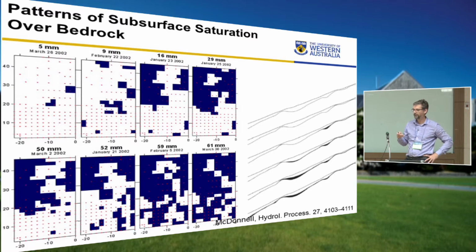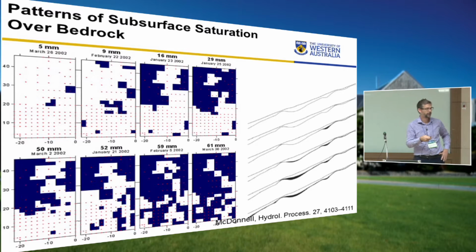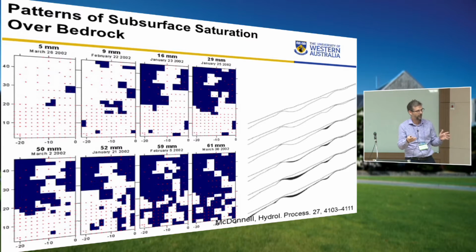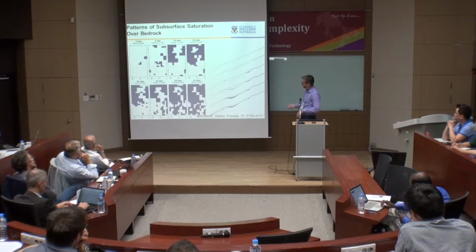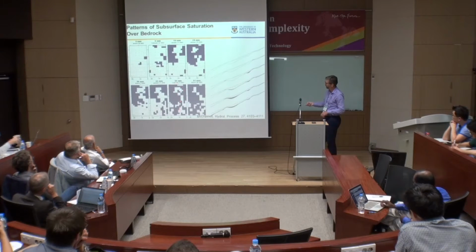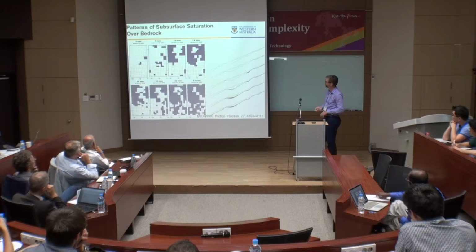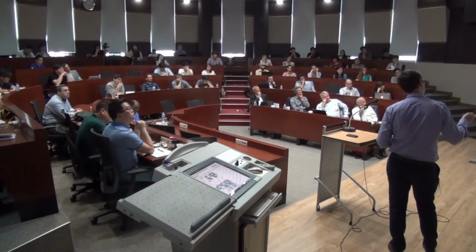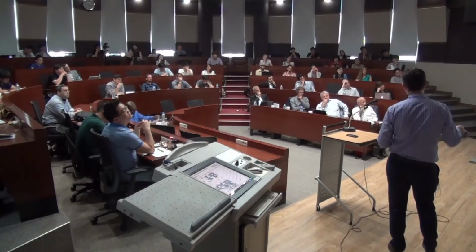But then progressively, as the rainfall total increases, you get a larger pattern of saturation, and it seems to be a little bit interconnected. And then you reach a threshold, and then all of a sudden the hill slope is connected from the top all the way to the bottom. And this diagram on the side here just represents that subsurface microtopography in bedrock elevation and soil depth.